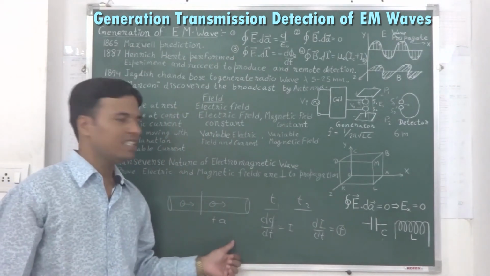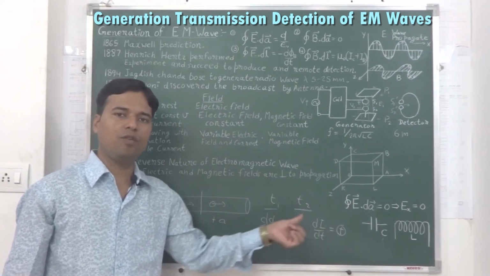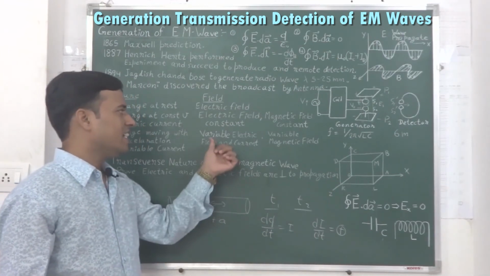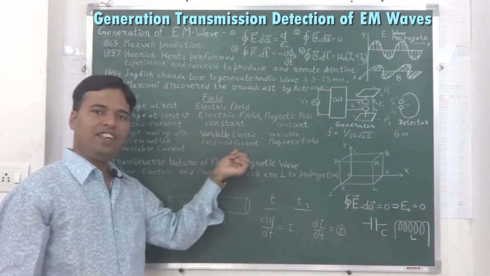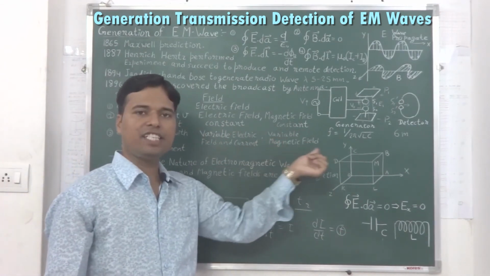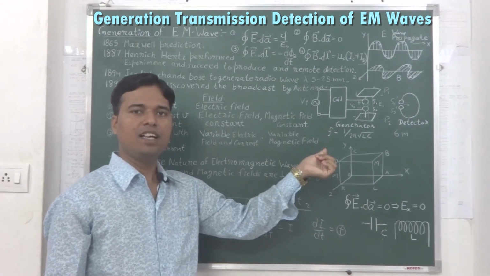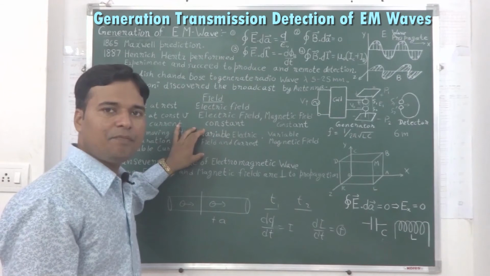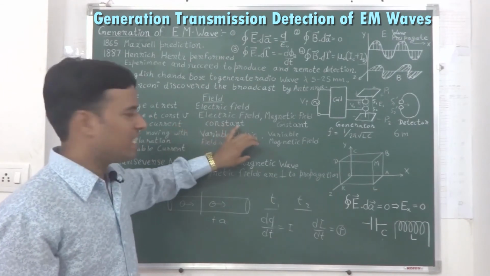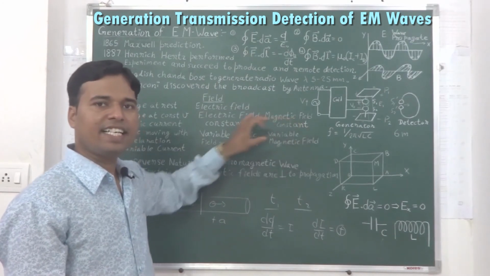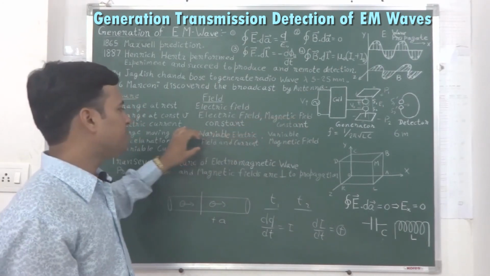Dear students, the current is also changing with time here. Then a variable electric field is generated, and a variable magnetic field is also generated. A variable electric field can generate a magnetic field, and a variable magnetic field can generate an electric field.